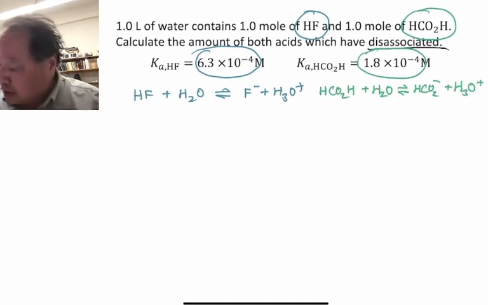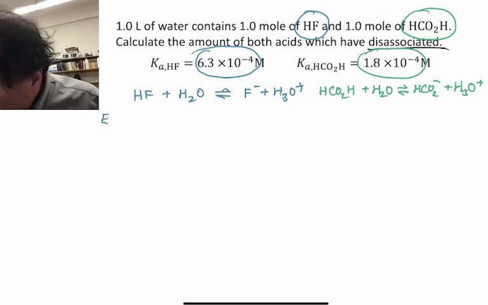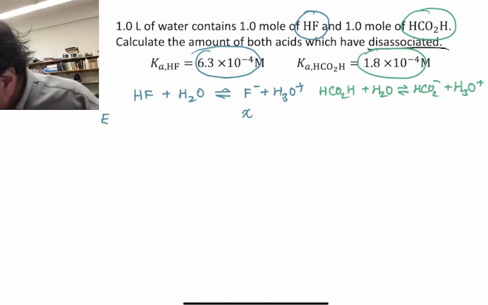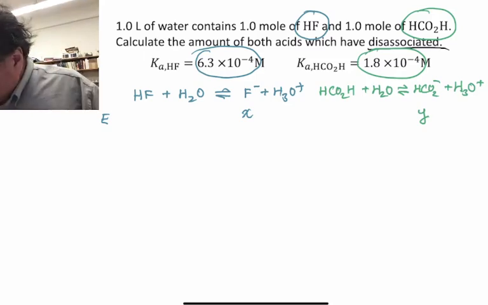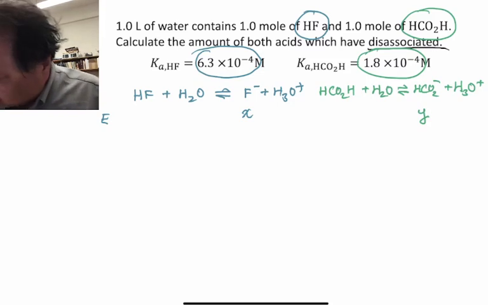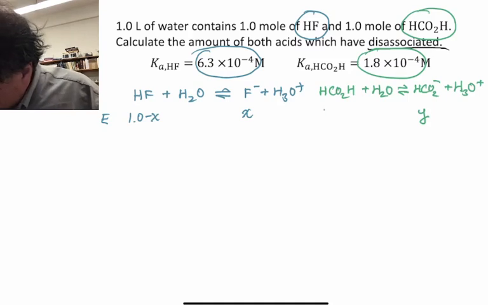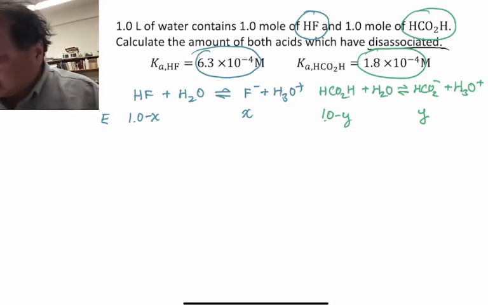And again, we'll consider the E line, and we'll use X for the amount of HF that's dissociated, Y for the amount of formic acid that's dissociated. We again started off with the initial molarities of 1.0, so 1.0 minus X, and 1.0 minus Y. But now we have the H3O plus coming from both reactions.